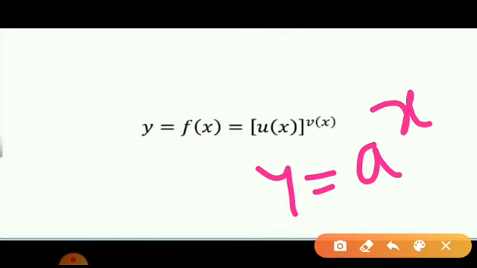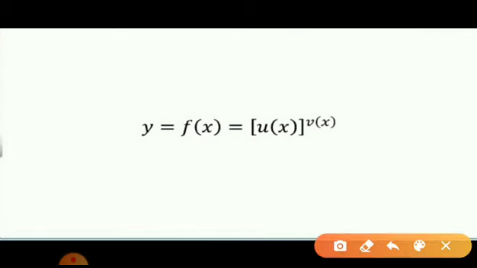So whenever you have questions of the a raised to x form, you can directly make use of that derivative. In that case, there is no need to follow all these methods. If the problems are more complicated, then we have to do this.